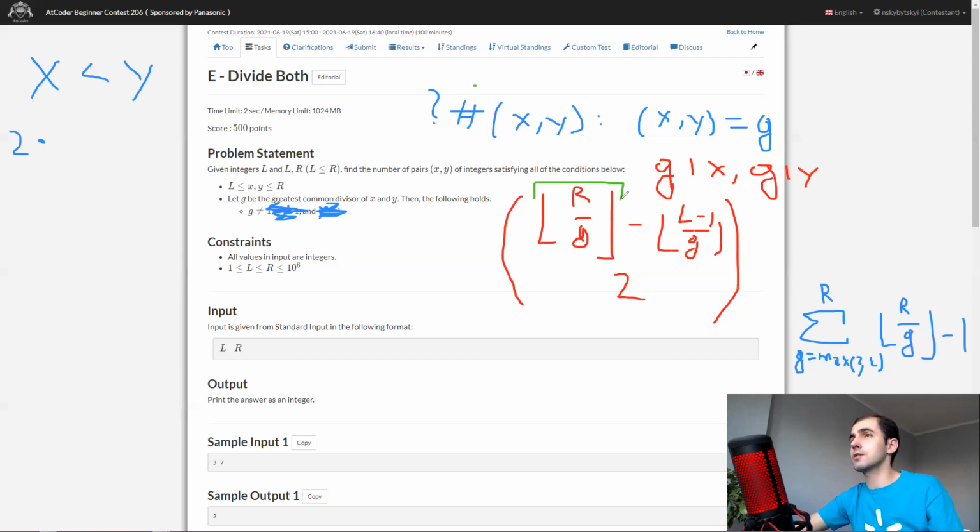Actually, it means how many numbers divisible by g there are up to right, and we subtract the values up to left, not inclusive. When we take the range from 1 to right and subtract the range from 1 to left minus 1, we get the range from left to right.